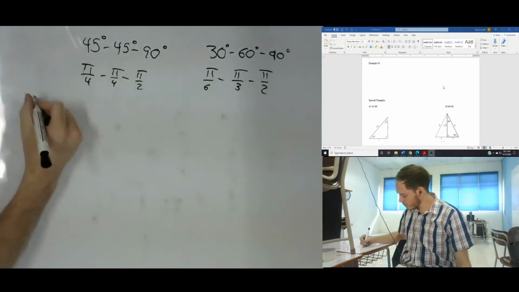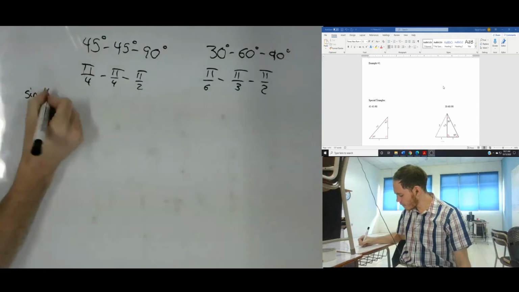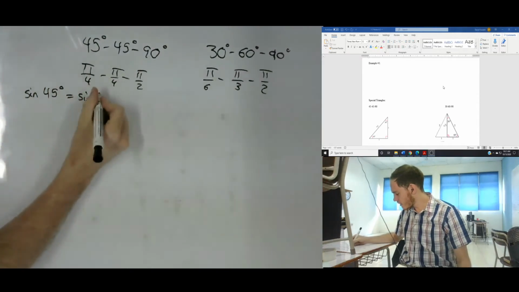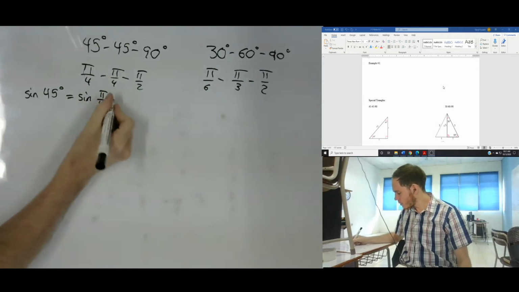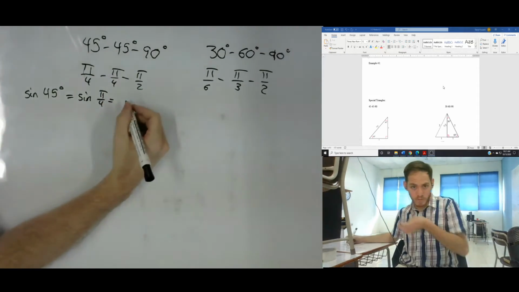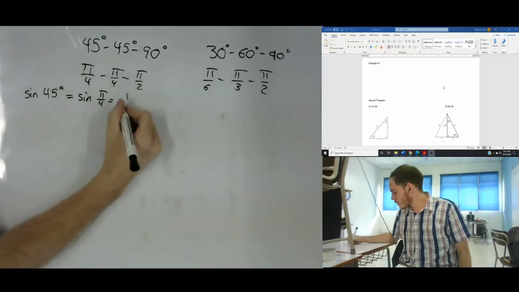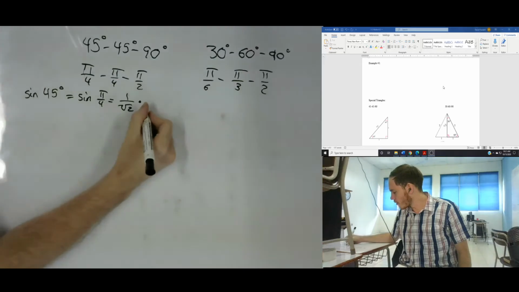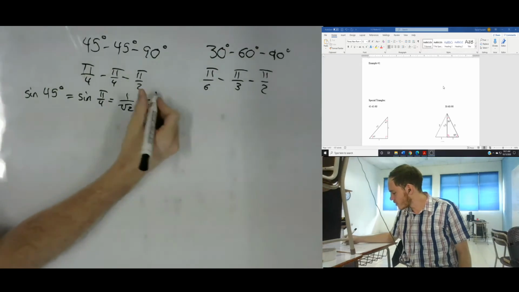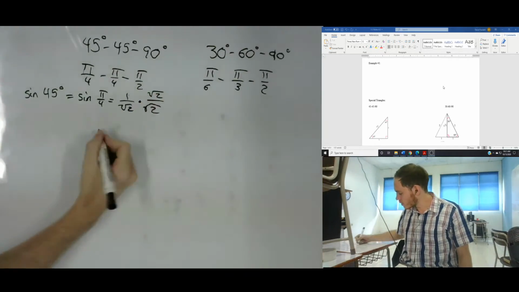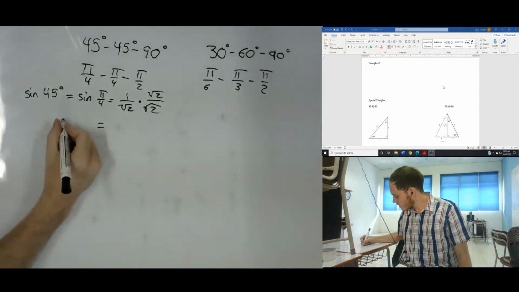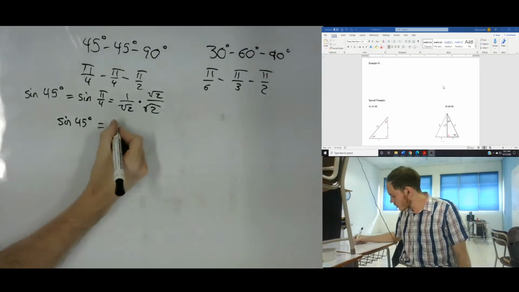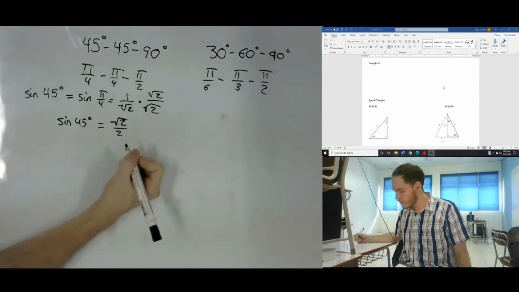This triangle, the sine of 45 degrees is going to equal the sine of pi over 4, which is going to equal 1 over root 2, which is just, when you want to rationalize the denominator, you have to multiply the bottom by root 2 over 2, and you get sine of 45 degrees equals square root of 2 over 2.